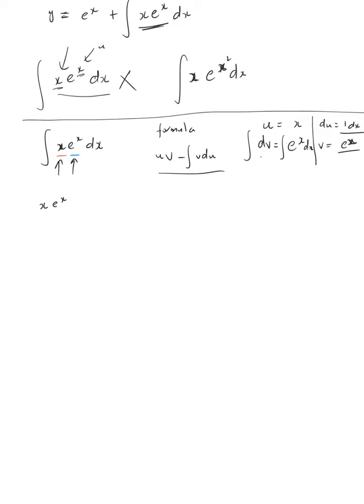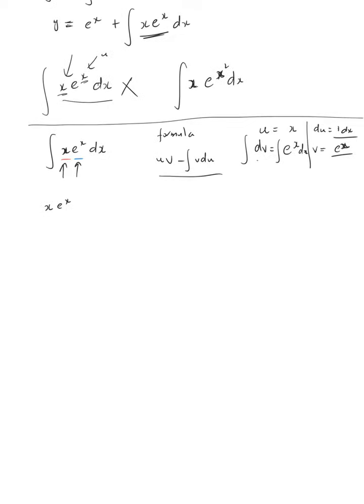Okay, x e to the x, and then minus the integral of v, which is e to the x, du is just dx, right? Right. Solving this is easy now.